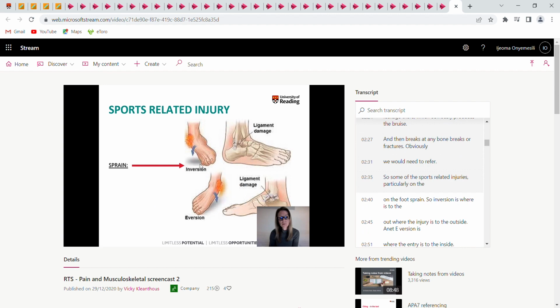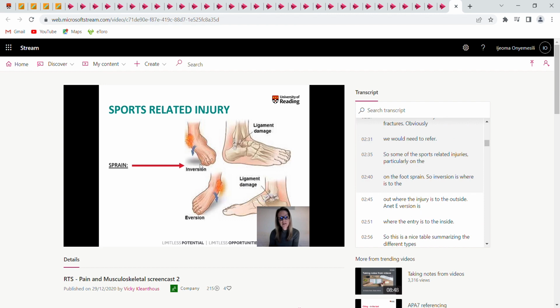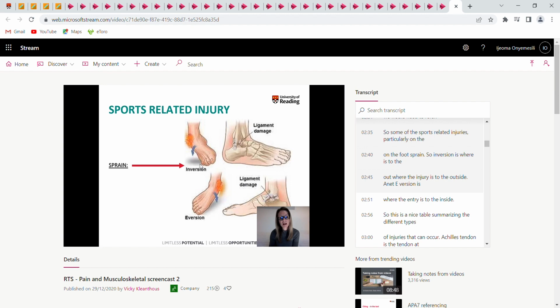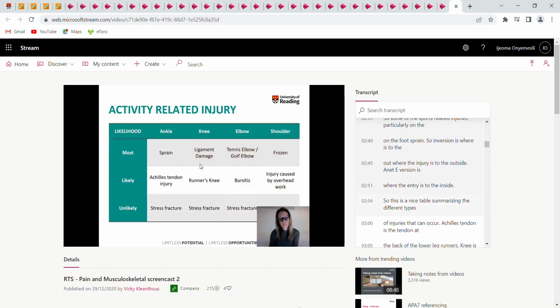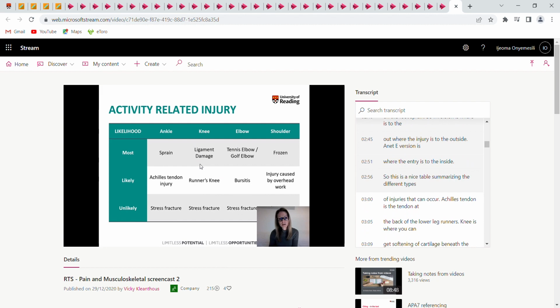So some of the sports related injuries, particularly on the foot, sprains. So inversion is where the injury is to the outside, and eversion is where the injury is to the inside. So this is a nice table summarising the different types of injuries that can occur.